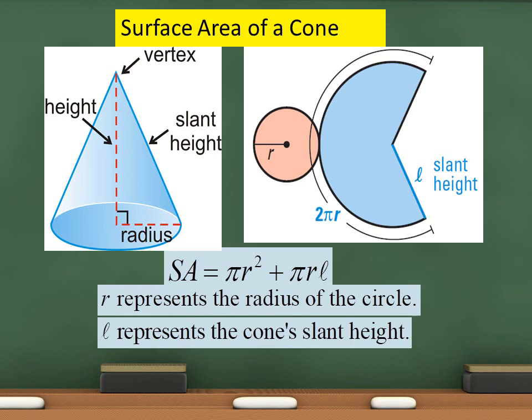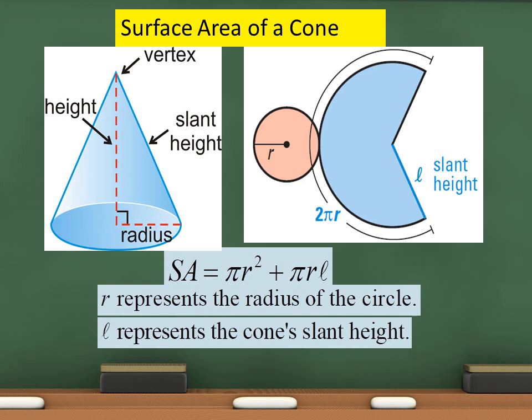And then the curved area is meeting at the vertex, and the line running from the vertex to the outer edge of the circle at the base is called the slant height. The slant height is what we are calling the L. So we have the height, h, the radius, the slant height, and the vertex. And then beside this diagram, we have the net, where we have the base with the radius r.